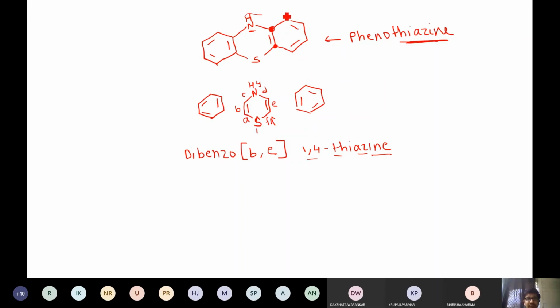So if you start from here, 1, 2, 3, 4, 5. Sulfur is getting 5. But if you start from here, sulfur will get 10. So this is the correct numbering. 1, 2, 3, 4, 5, 6, 7, 8, 9, and nitrogen gets 10. So this becomes 10H dibenzo B, E 1,4 thiazine.